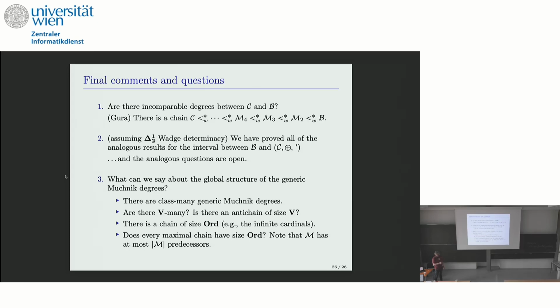Here we have a size-of-M predecessor property. The generic Muchnik degree of a structure has at most size of the structure many predecessors. Very easy to see, actually. You need too much choice, though, to go from that statement to this statement directly.